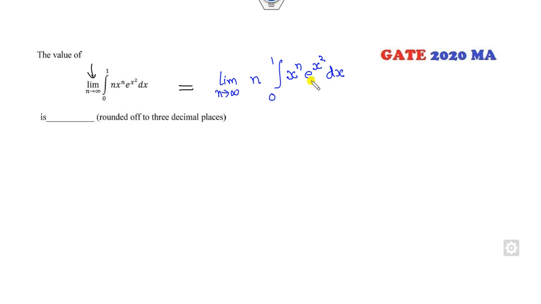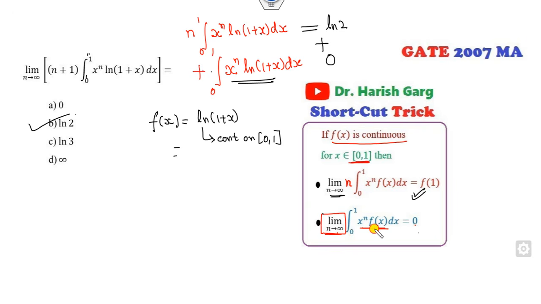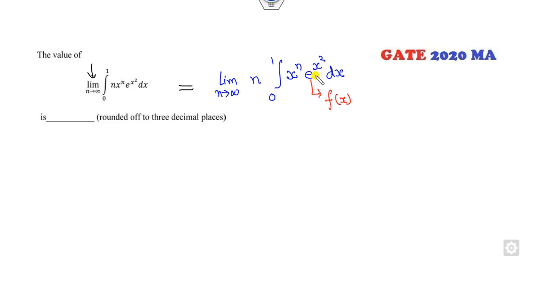Fine. So what is that? This is nothing but my f(x). If you remember, this is the rule, x^n times f(x). So if it is n, it will be my f of 1. What is f of 1? e to the 1 squared is e. So 2.718 is the right answer.